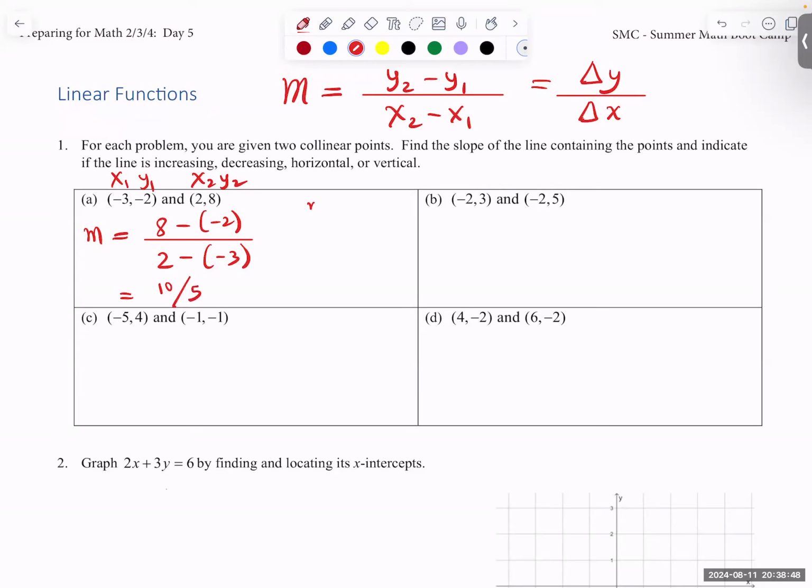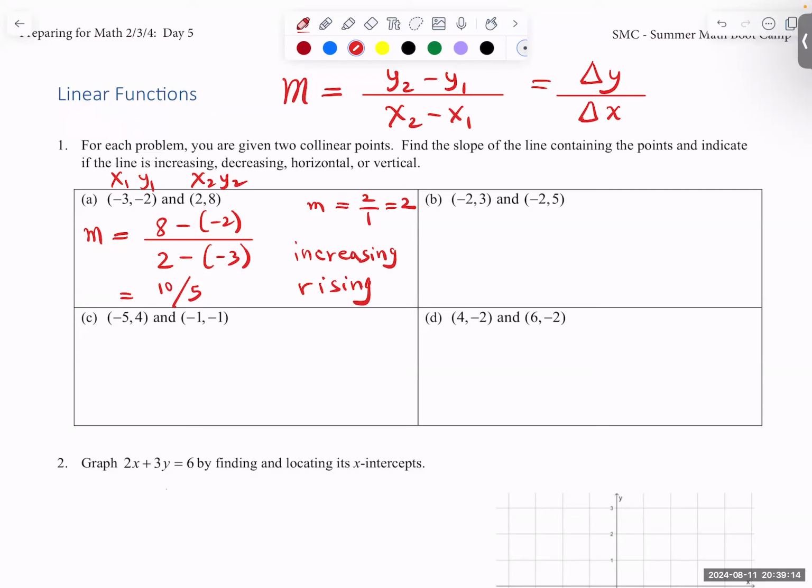So the slope is the ratio of 2 to 1, or simply 2. That's a positive slope, and therefore the line is increasing or rising. So as left to right, x increases, y values increase, and we also say the line is rising.